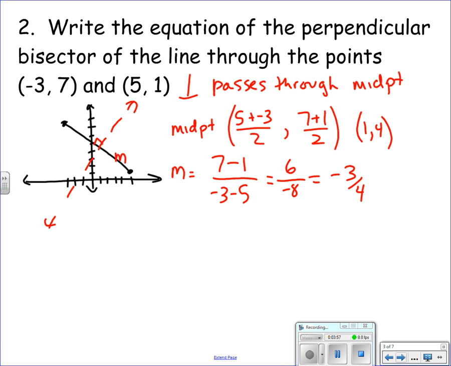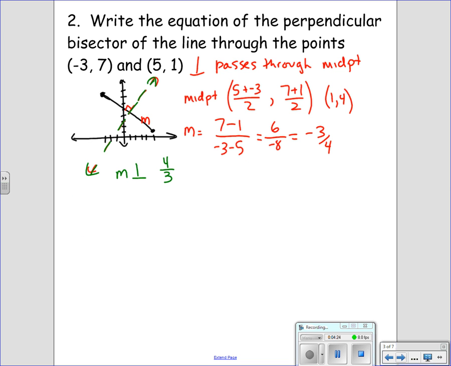So now, the slope of the line that we're trying to find, which is in red, I'm going to highlight it in green just because we can have more colors on our slide. When I highlight that in green, that's perpendicular. So we need to find our perpendicular slope to the segment that we just found. So that's going to be a +4/3.